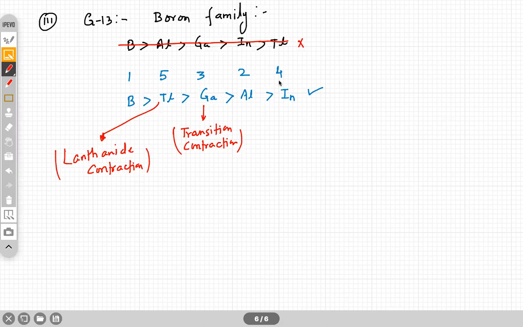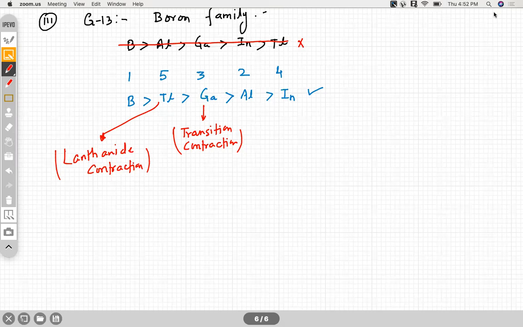No, indium is not second. No, the factor I have written, transition contraction, lanthanide contraction.